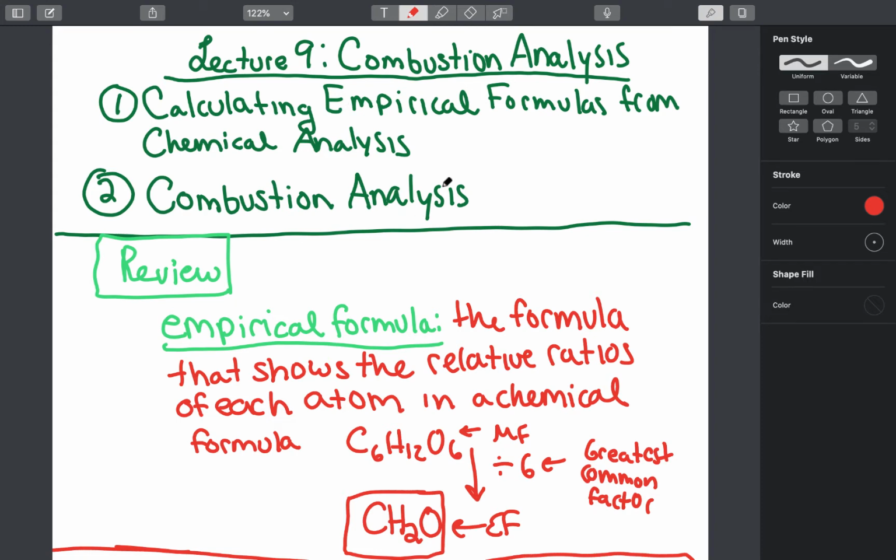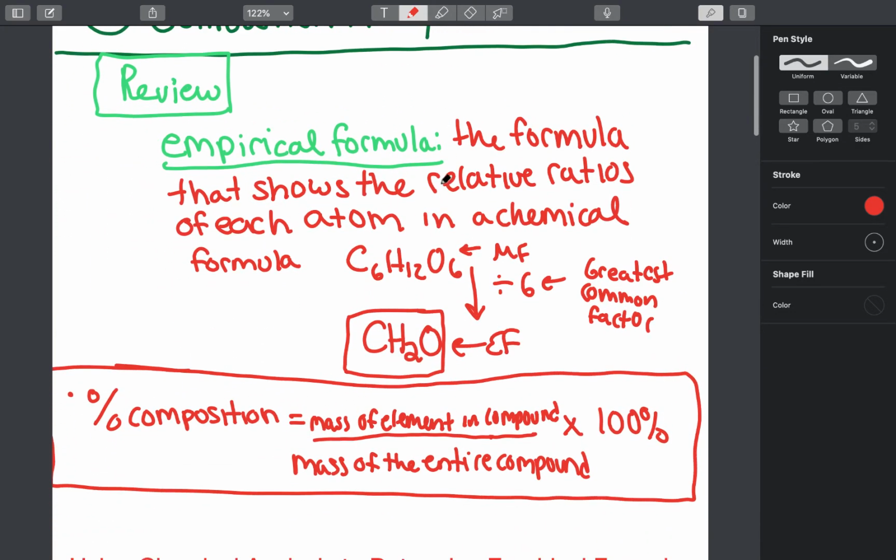So before we get into the bulk of the video, let's just do a quick review. The empirical formula of something is the formula that shows the relative ratios of each atom in a chemical formula. So for example, if we had glucose here, which is C6H12O6, this represents the molecular formula. And in order to find the empirical formula, you divide the entire compound by the greatest common factor, which is 6, and then you get the empirical formula, which tells you the relative ratios.